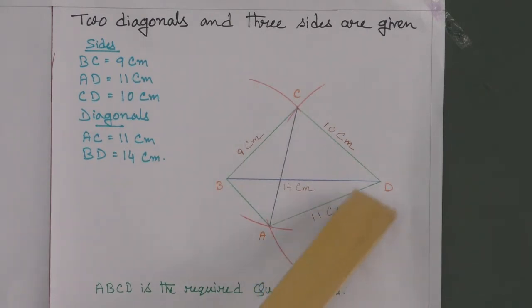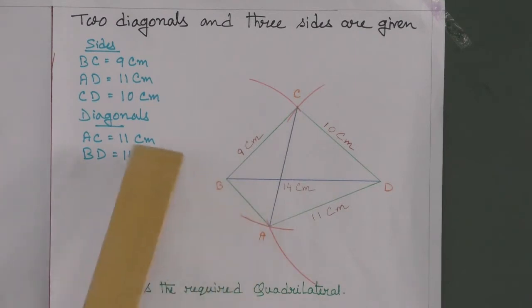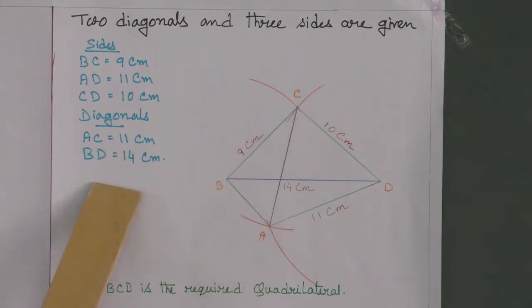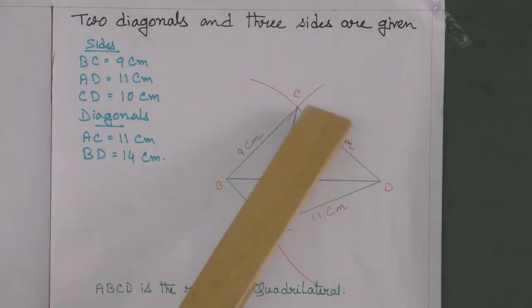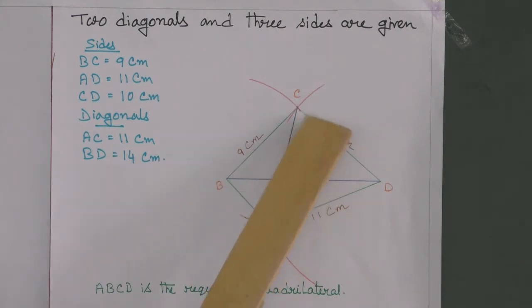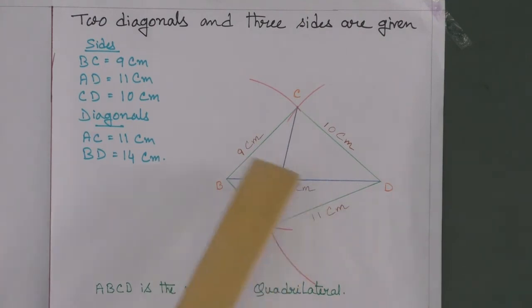Using this measurement, take D as a center, draw an arc with the radius 11 centimeter. So the point A will be on the arc anywhere. Now using the second diagonal measurement, take C as a center and draw another arc with the radius of 14 centimeter.